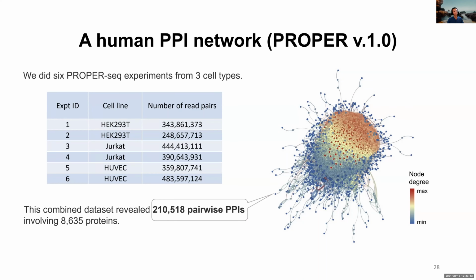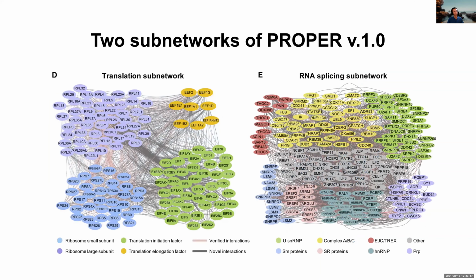If we zoom in on some specific parts of the protein-protein interaction networks, here are 2 parts that Irene pulled out. One is the subnetwork of PPIs related to translation. Among these translation-related proteins, every edge represents a PROPER-seq revealed interaction. The proteins can be roughly grouped into 4 groups. One is the ribosome small subunit, another the ribosome large subunit.